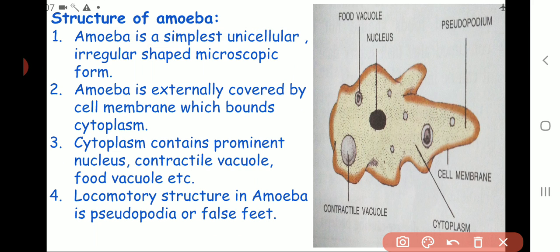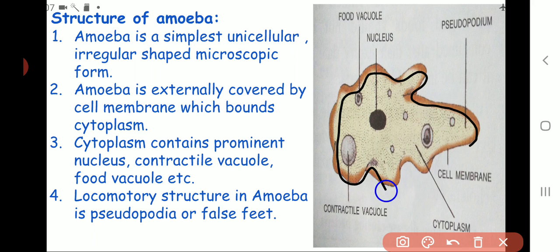Amoeba is the simplest unicellular, irregular shaped microscopic form. It can assume any shape. Amoeba is externally covered by a cell membrane which bounds the cytoplasm. You can observe this border.